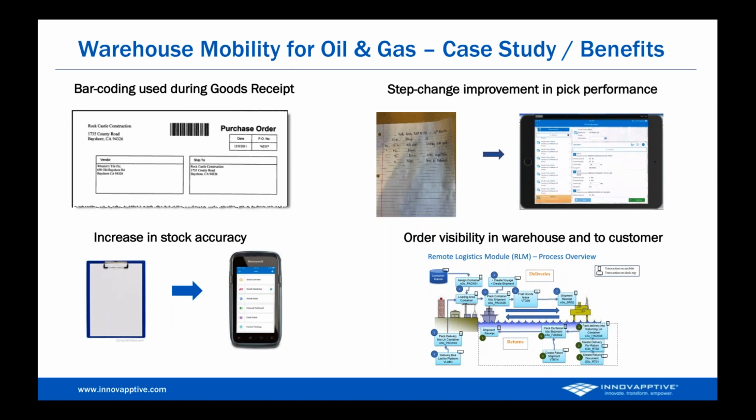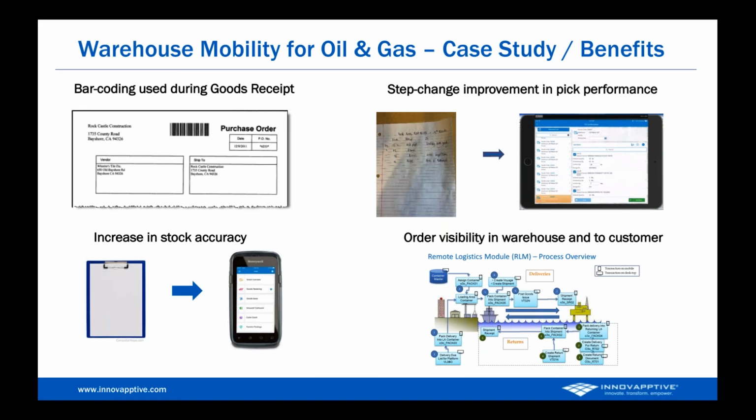Errors would come through. Once you get that all onto a mobile device, the count information, what needs to be counted, comes up on the mobile device. They scan the material, count the number of cartons or materials, and input the quantity. So it's a very fast process. It not only increases the stock accuracy, but it can be done very quickly compared to a paper-based solution.